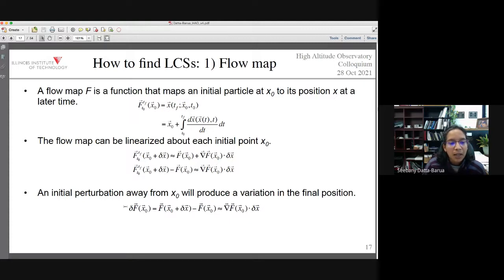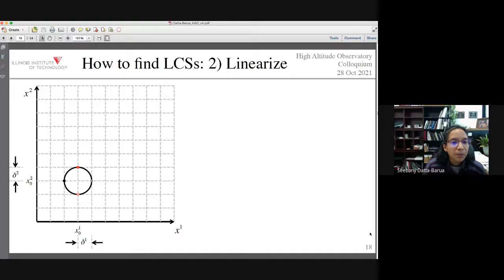So if we want to look at how the final positions change, that delta f, given some initial offset in the distance, delta x, then what we're interested in is the first derivatives of f. And that gradient, or actually really what it is, a Jacobian matrix. It's a Jacobian of the flow map.